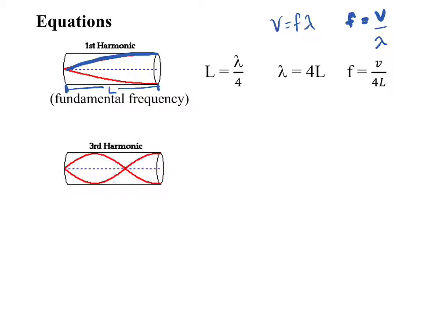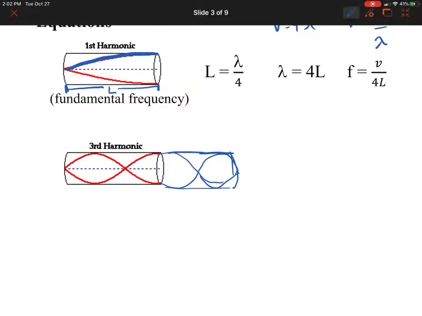And really, how do we know it's the third harmonic? It doesn't look like it because there's only 1.5 standing waves, but pretend that you were to finish this air pipe, then it would be that third harmonic. Oh, this is a horrible drawing, I'm sorry. But again, just visualize here.